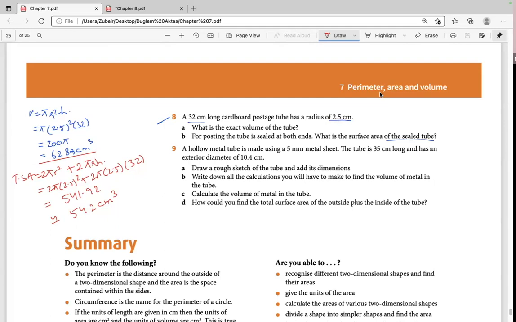I'm getting 541. Oh, I was doing the 2 pi r squared wrong, after I got pi r squared I timesed it again. So I'm going to do it again. One circle at the bottom, one circle at the top, that is making it 2 pi r squared.